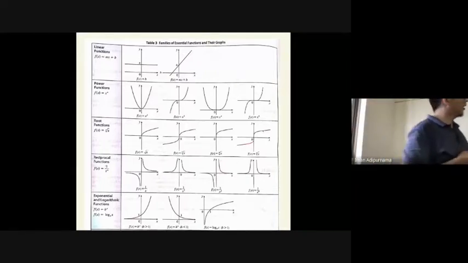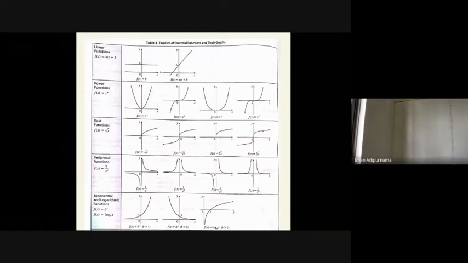So from the linear, the power functions, squared, cube, fourth, root functions, square root, and then reciprocal. Reciprocal means 1 over something, 1 over x, 1 over x squared, etc. And then exponential and logarithmic. See this log is always here, and at 1 you will have a 0.